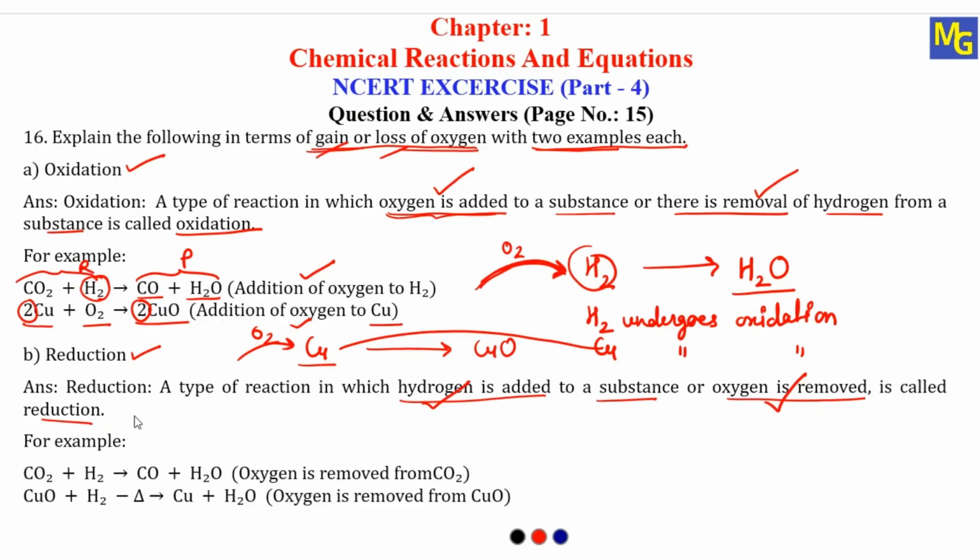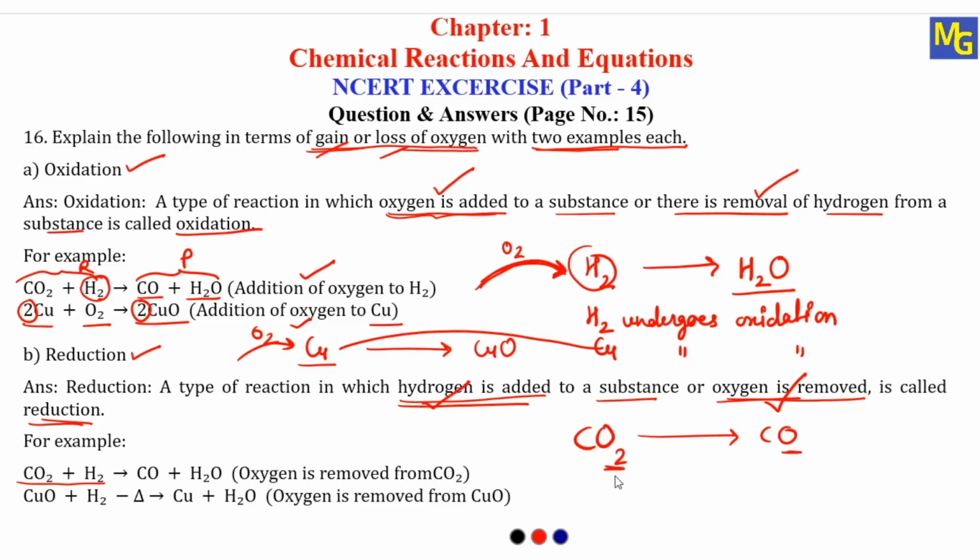So I'll repeat, the type of reaction in which hydrogen is added or oxygen is removed is called a reduction reaction. For the example, you can see the first example. I have taken the same reaction here: CO2 + H2 gives CO + H2O. In this reaction, if you focus, CO2 is carbon dioxide in the reactant, and in the product it has become CO. So here there are two oxygens, but here there is only one oxygen.